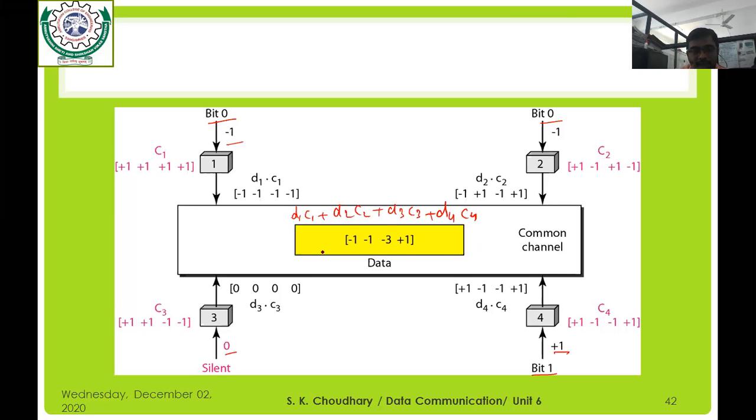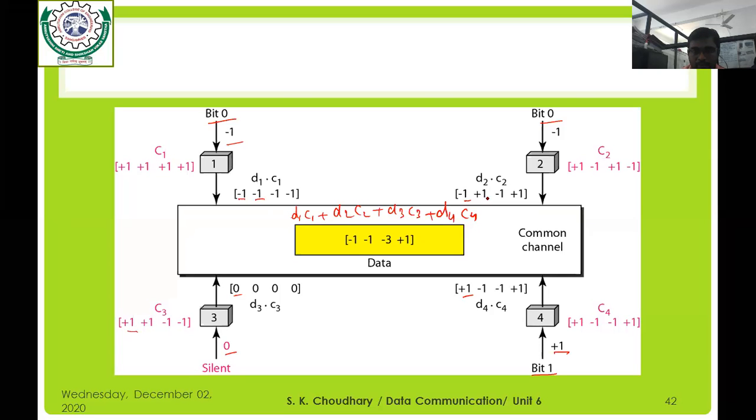When you look here, each data value is added. So -1, -1, then +1, sorry, 0, and then +1, so it becomes -1.